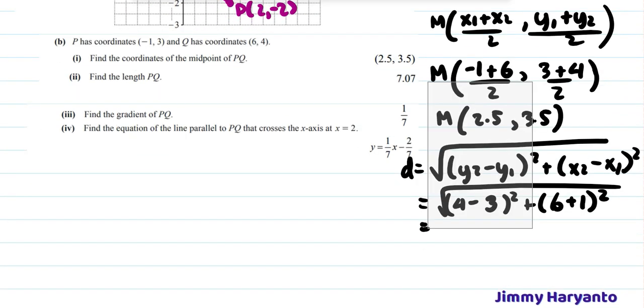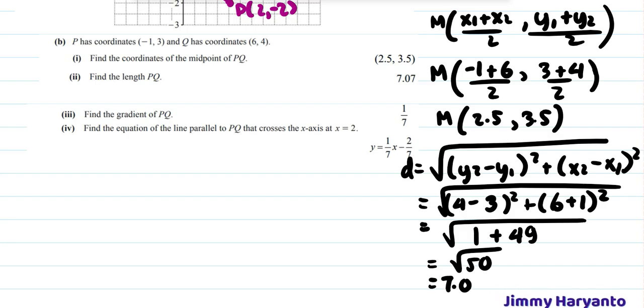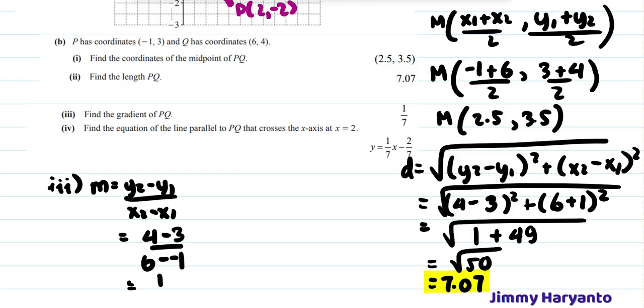So the answer is square root of 1 plus 49 equals square root of 50, and square root of 50 is 7.07. Okay, next is the gradient of PQ. Gradient is y2 minus y1 over x2 minus x1. y2 is 4 minus 3, and then 6 minus minus 1 equals 1 over 7.